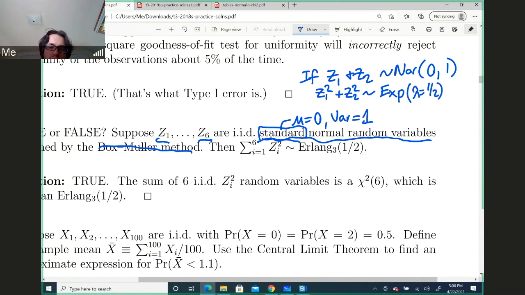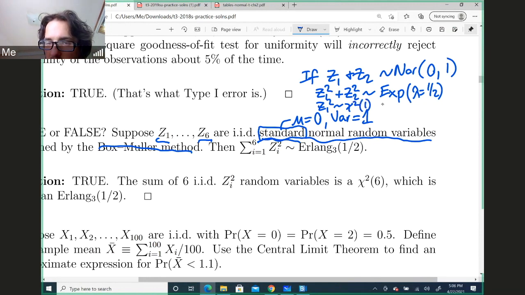The other relationship is that Z1 squared is distributed as a chi-squared variable with parameter 1.